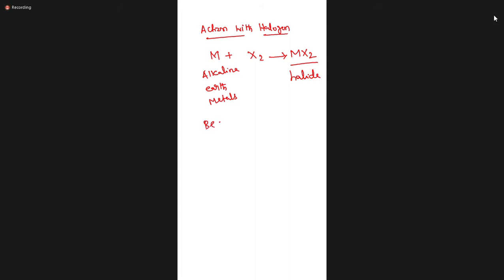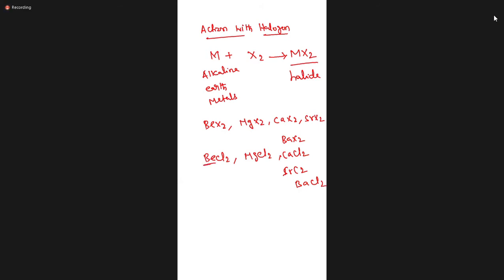MX2: BeX2 type of halide, MgX2, CaX2, SrX2, and BaX2 type of halide. In case of halogen, taking Cl: BeCl2 type of halide, MgCl2, CaCl2, SrCl2, and BaCl2 will form.